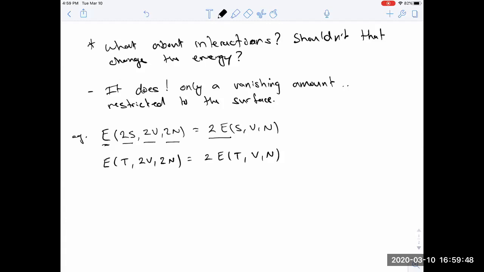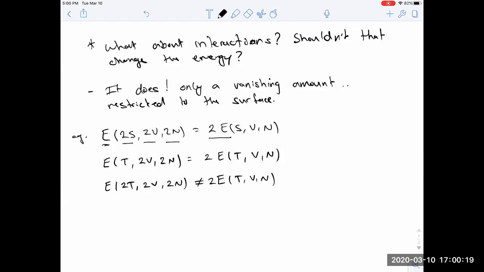Now, if I start mixing those two operations such that I change both intensive and extensive variables, then these sorts of simple relationships don't hold anymore. Imagine for concreteness, I take a system at twice the temperature, twice the volume, and twice the number of particles. That's not going to equal twice a system at some fixed temperature, volume, and number of particles.